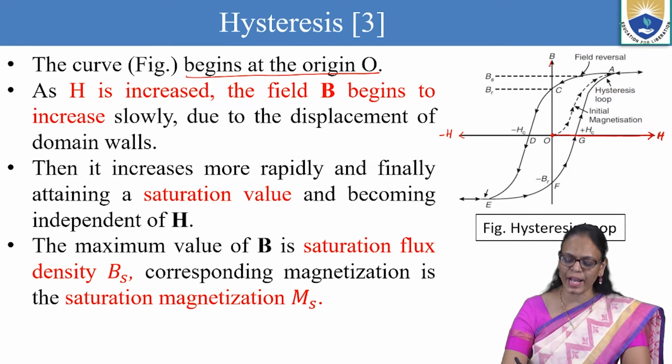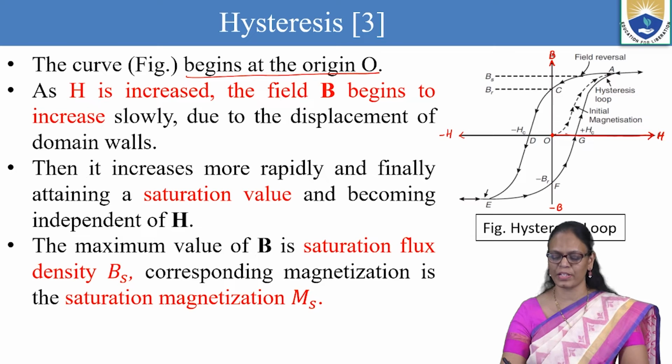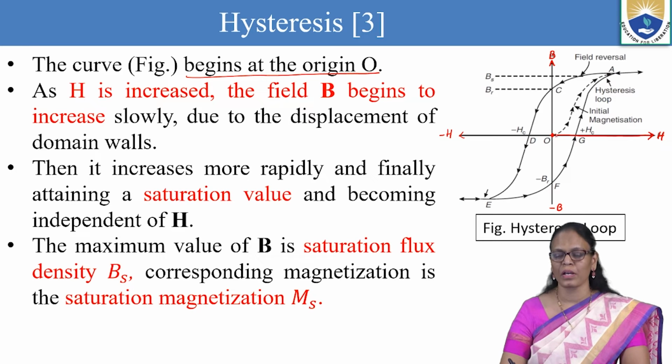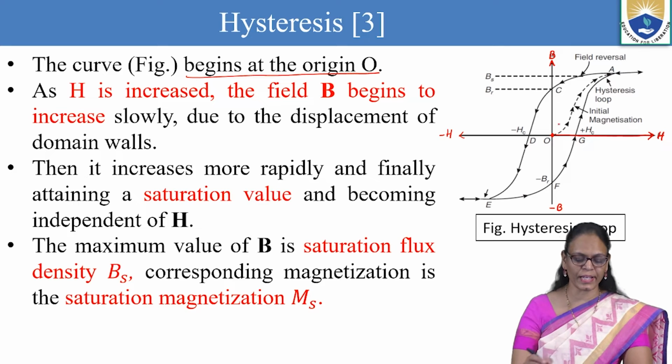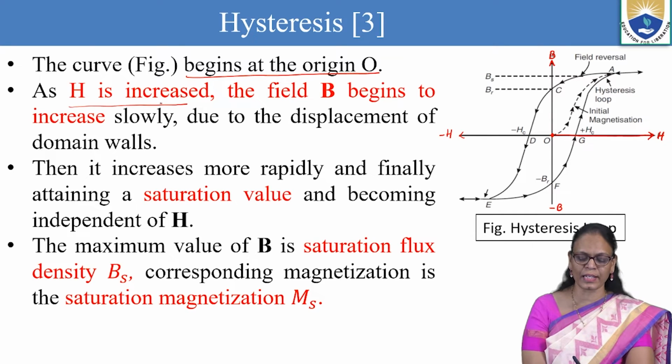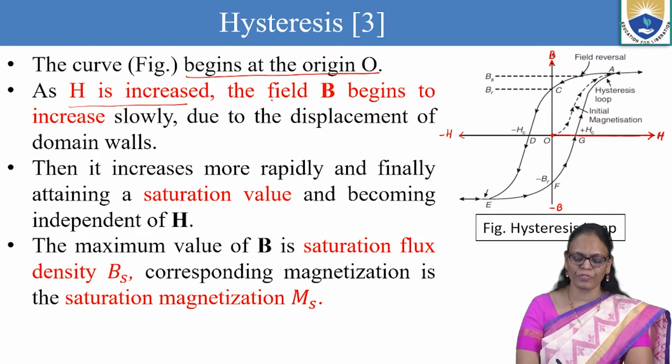Along the y-axis we take B, the magnetic induction, and along the negative axis it will be minus B. This will be the origin O, our starting point. Now from this point, as H is increased, the field B begins to increase slowly.